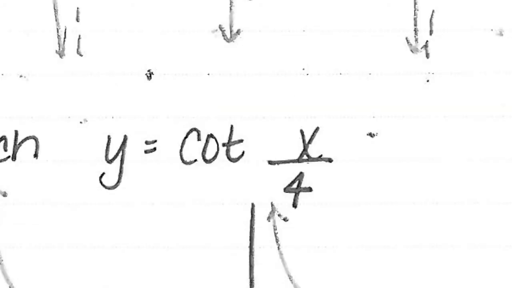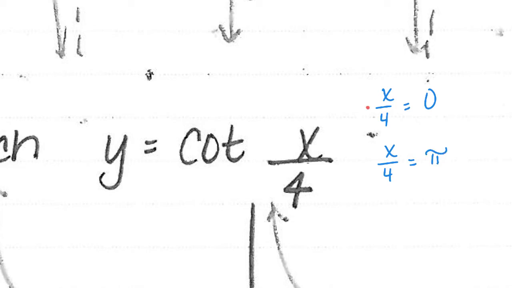Now what happens if I have y equals cotan of x over 4? So remember the cotan was at 0 and pi. So I'm going to take that x over 4 and put it equal to 0, and that x over 4 and put it equal to pi.